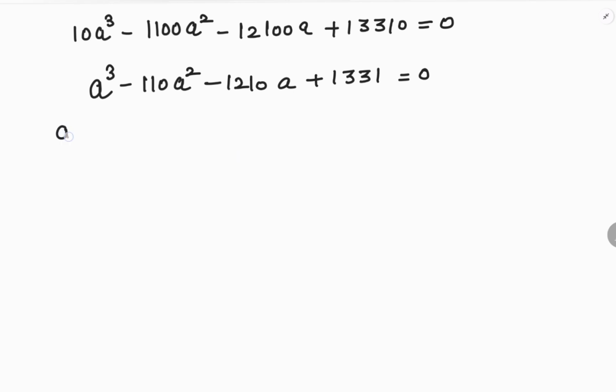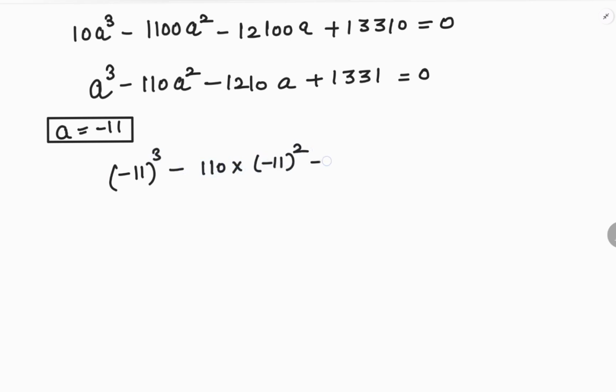Now we will try with a equal to minus 11. Okay. So here if I substitute, it will become minus 11 cube minus 110 times minus 11 square minus 1210 times minus 11 plus 1331, right?